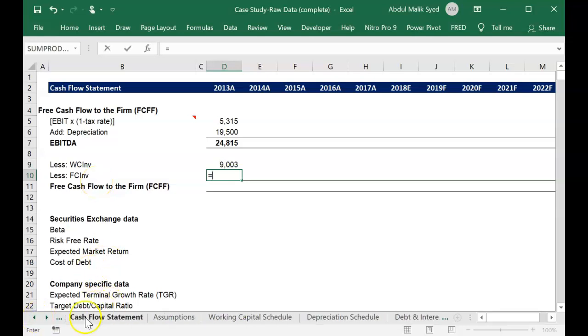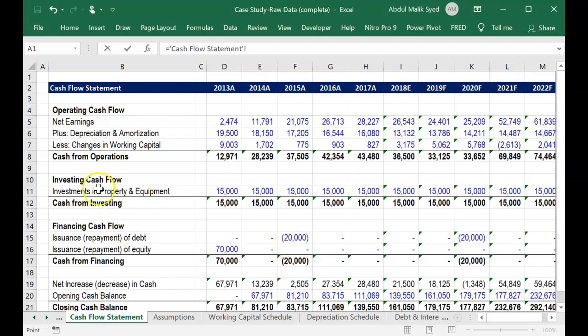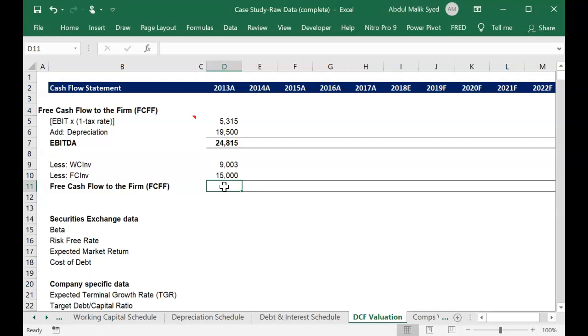This also we can get from the cash flow statement, that is investments in property and equipment, that is capital expenditure. So the free cash flow is equal to EBITDA minus working capital changes minus your capex. This was the formula which we discussed.